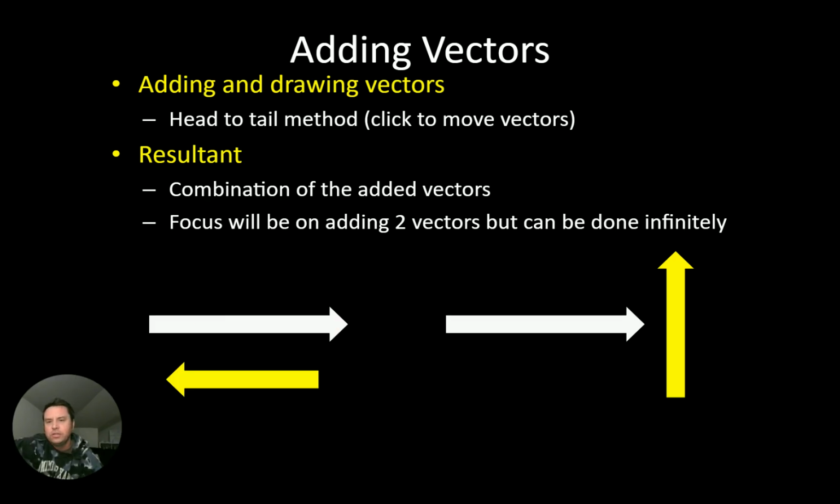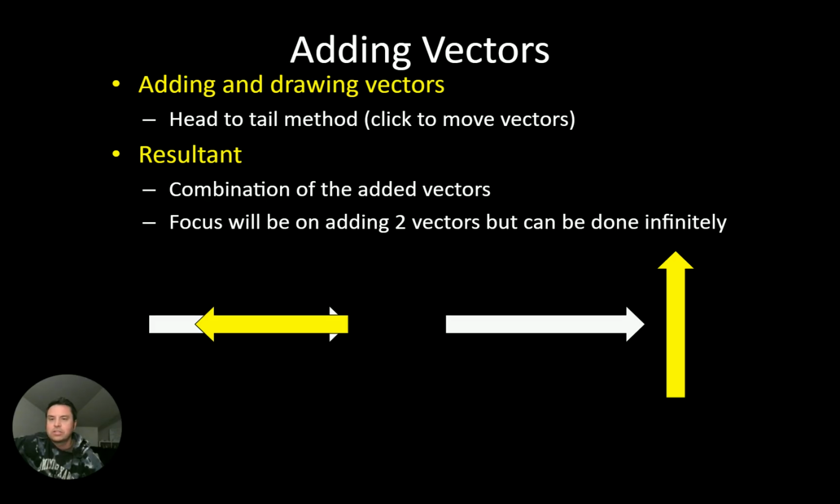So head to tail. For these first two, I've got the white arrow going to the right and the yellow arrow going to the left. If I was to add those head to tail, I'd put the tail of the yellow vector on the head of the white vector. The head's the arrow, and the tail's the backside. It will look like that.